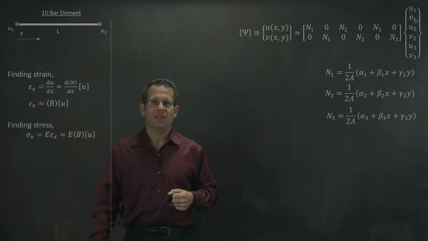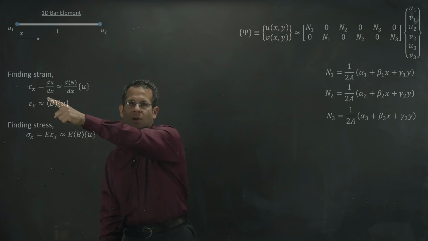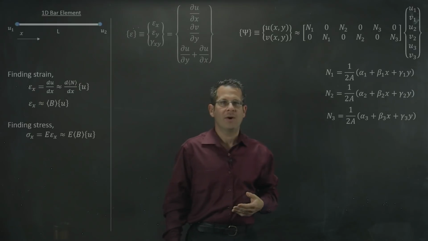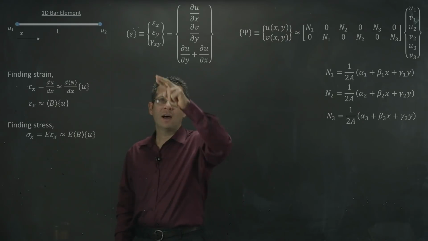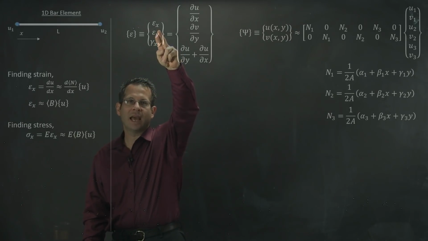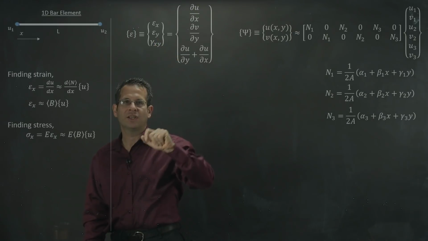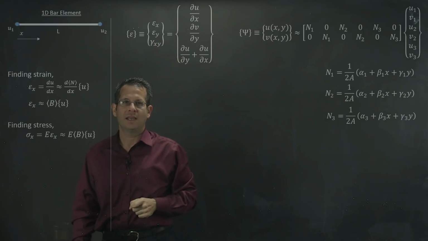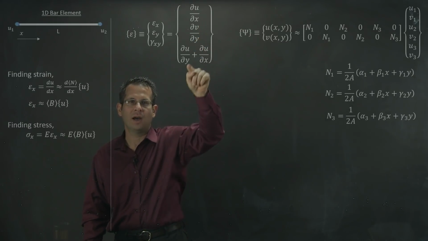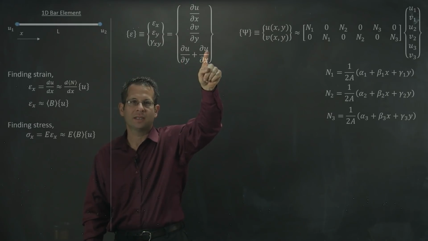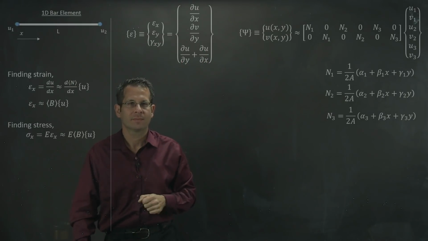Unfortunately, in two dimensions, strain is no longer a single scalar value. It now has three components. So we now have strain in the x direction, strain in the y direction, and shear strain in the xy direction, defined as du dx, dv dy, and du dy plus dv dx.